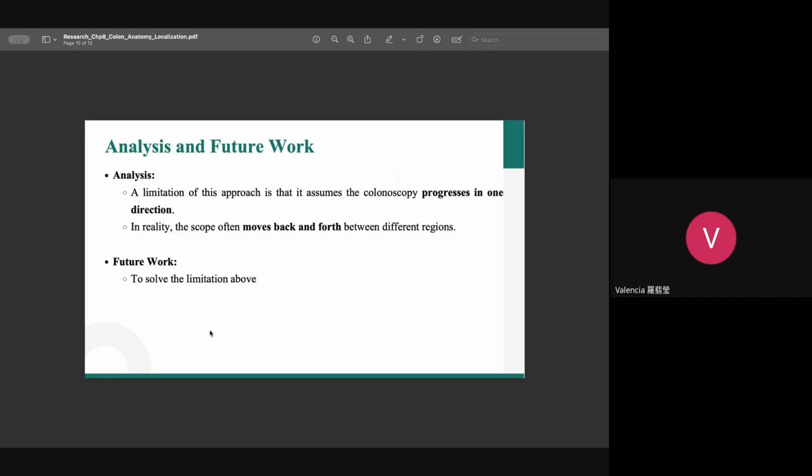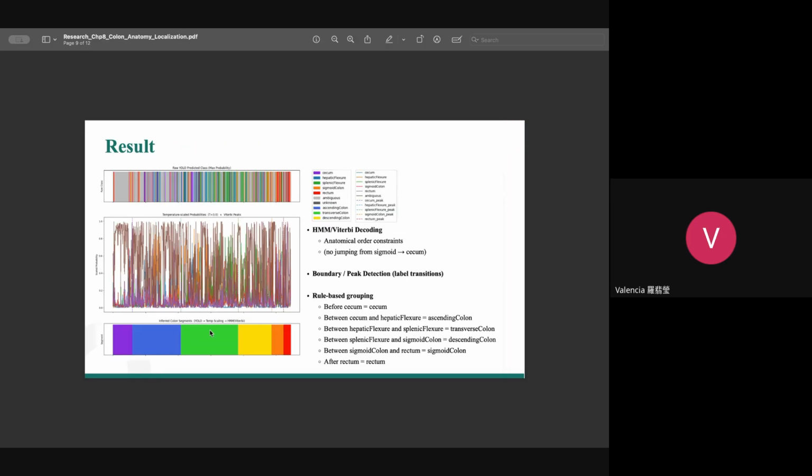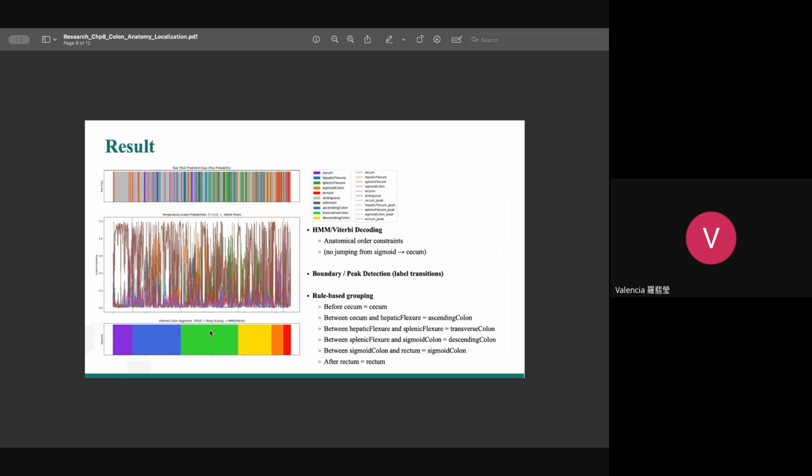For this problem that the surgeon moves back and forth, it doesn't matter, because as long as you detect the boundary, even going forward and back, that place can be defined as either this side or this side. So it doesn't matter.